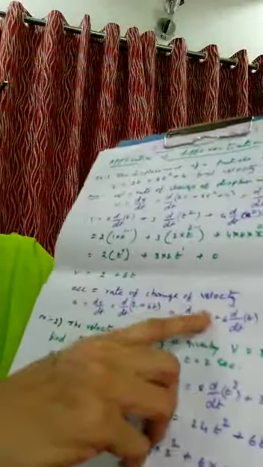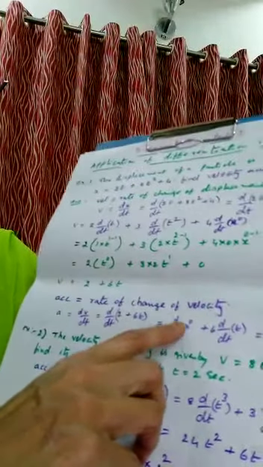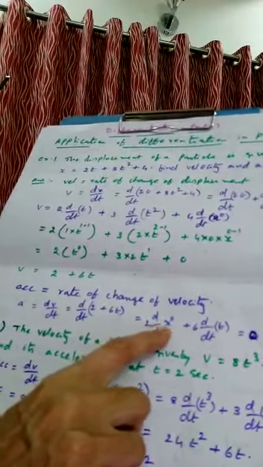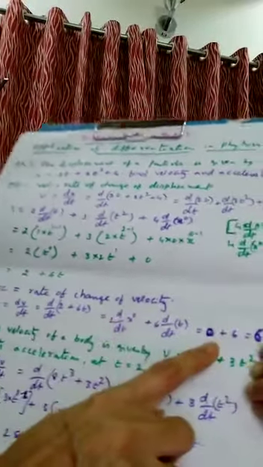If you differentiate this constant term, what answer will you get? You will get 0, and plus 6. Only 6 will remain here. For 2 into d by dt of x raised to 0, that is 0 into x raised to 0 minus 1, so 2 into 0 becomes 0.